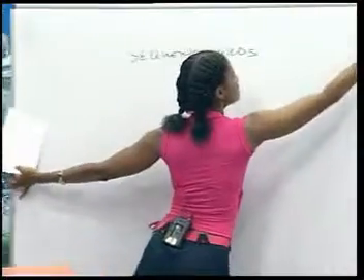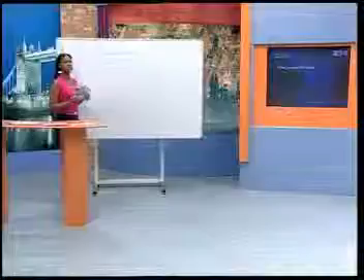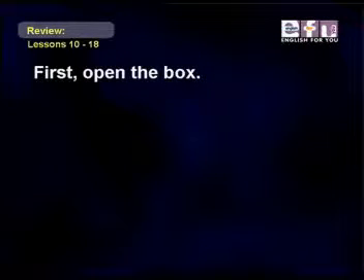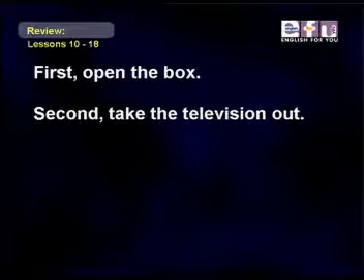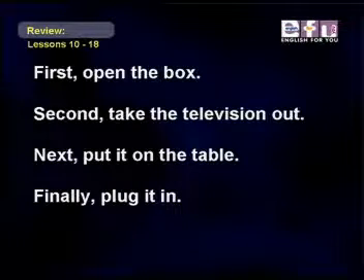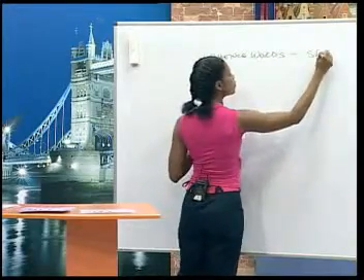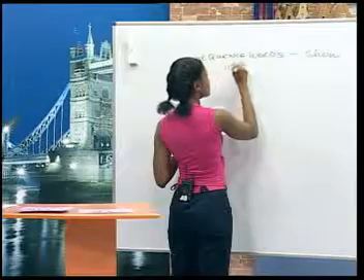Okay. Now, let's review sequence words. Here are some examples. First, open the box. Second, take the television out. Next, put it on the table. Finally, plug it in. Okay, so sequence words show the order of events.